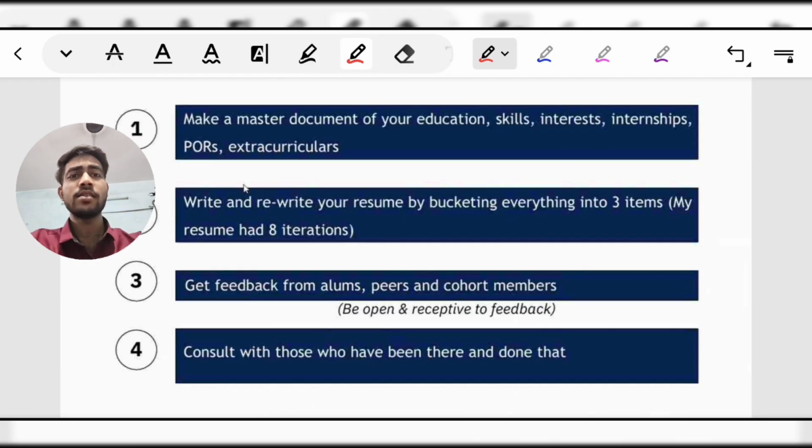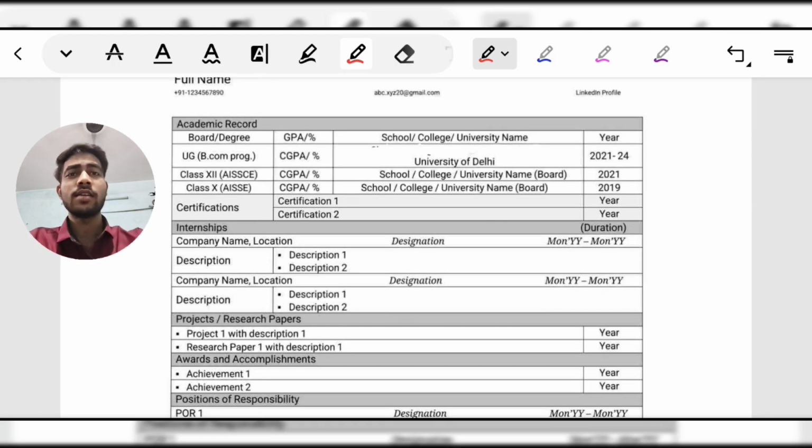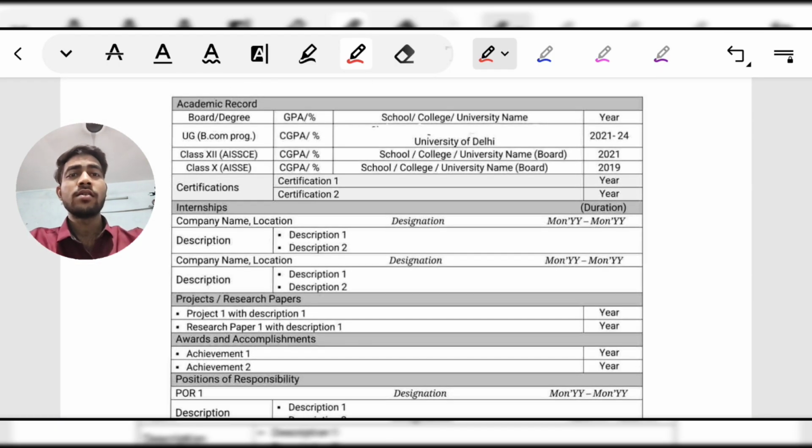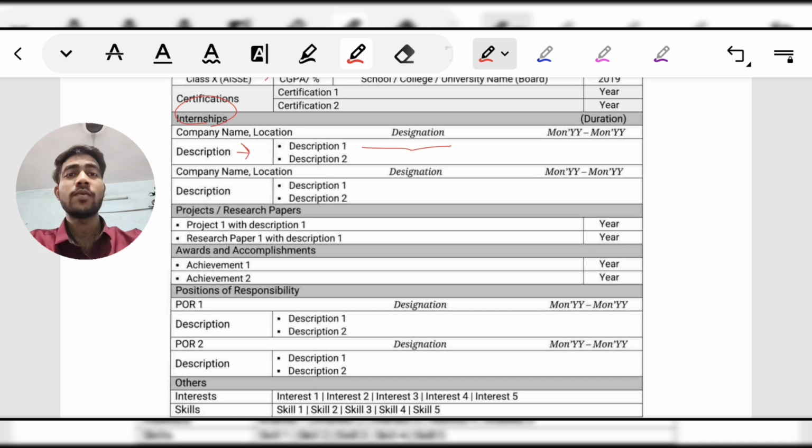You have to make the resume starting from your academic records: where you studied, where you did internships and gained experience, writing what your role was and what you did in the company. After that, go forward to projects and research papers.